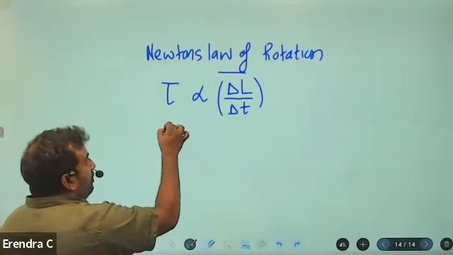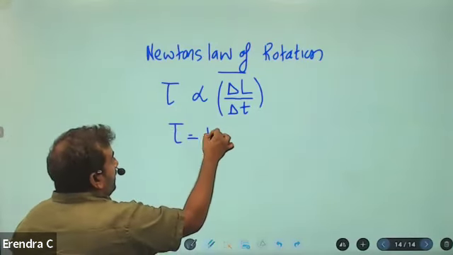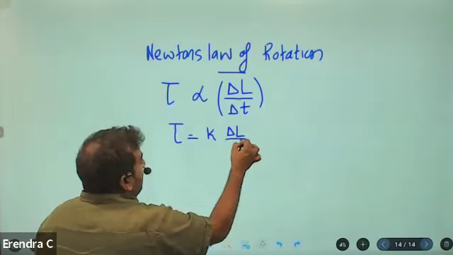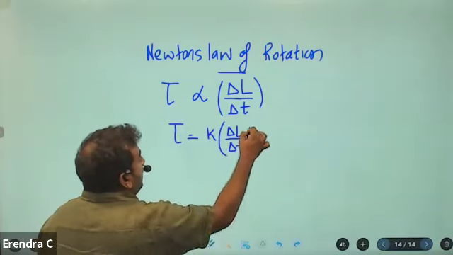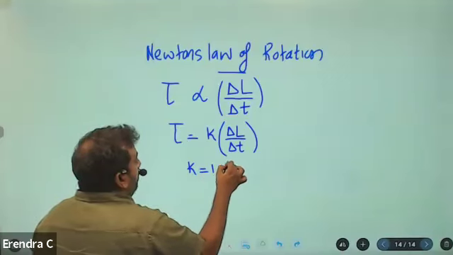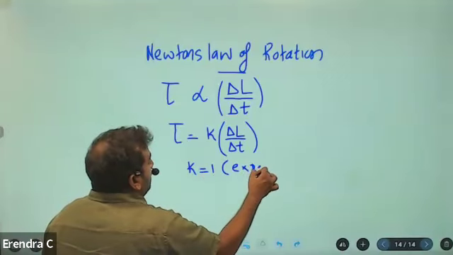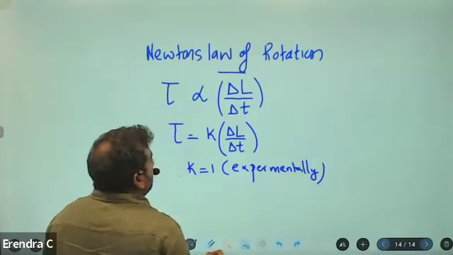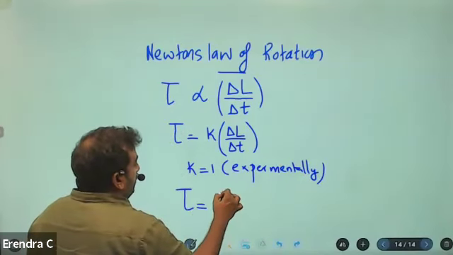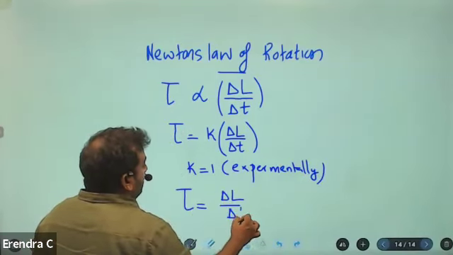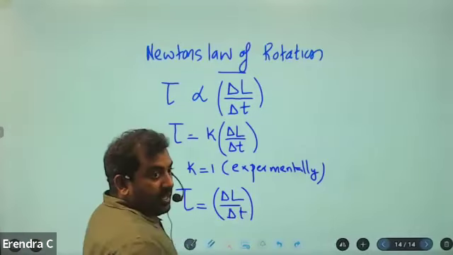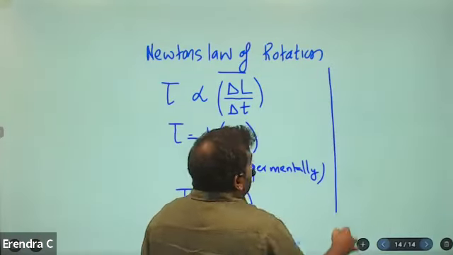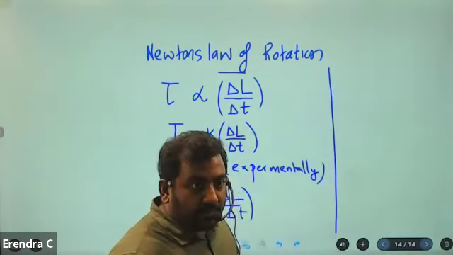Look at the board now. Torque equals K times delta L over delta T. Experimentally, they have found out K is equal to how much? 1. So torque is equal to delta L over delta T. But delta L is change in angular momentum. Change means what?